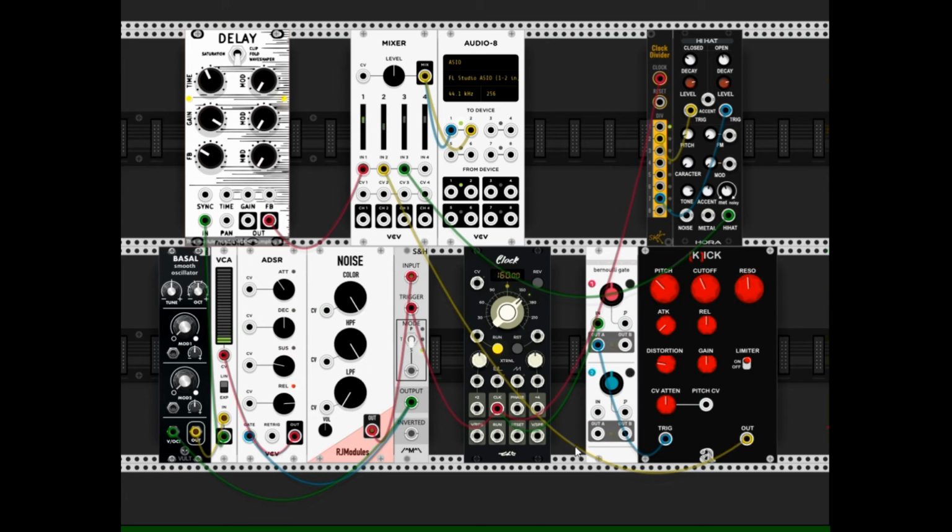I have even a kind of clock divider with this unit, but it's not necessary because we have other units here working as clock dividers. This unit offers 4 times and 2 times, but I don't use it here.